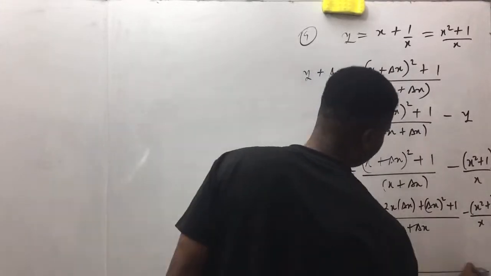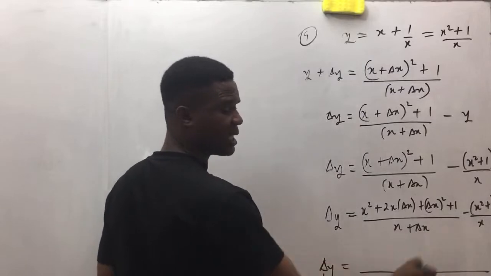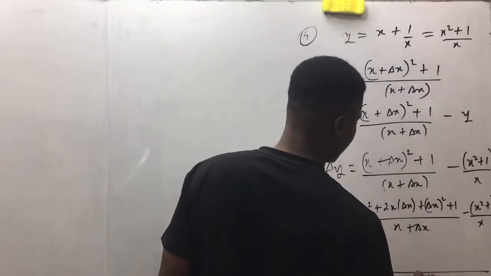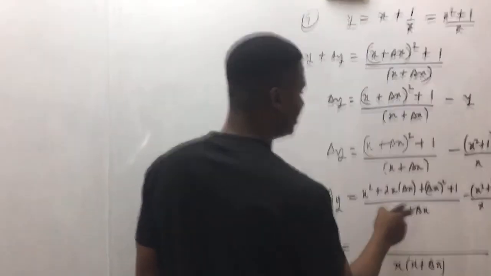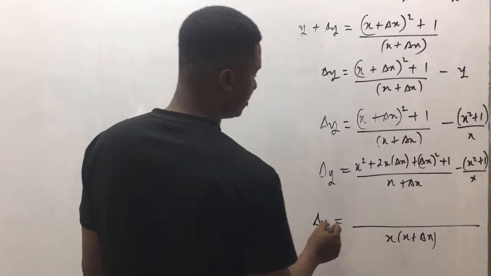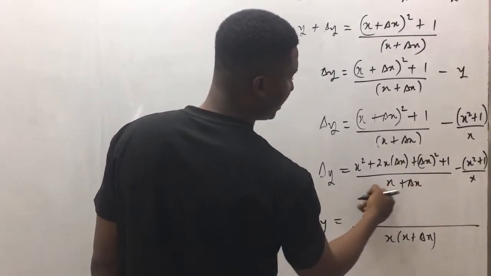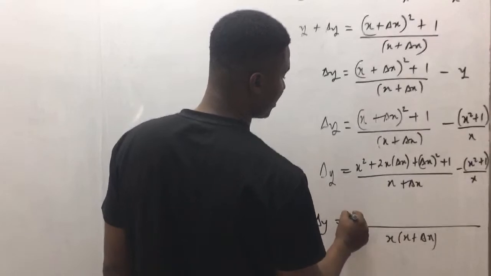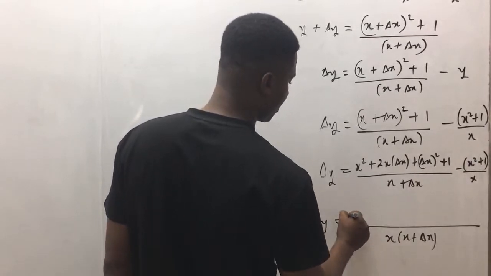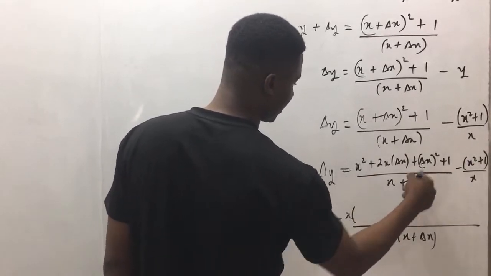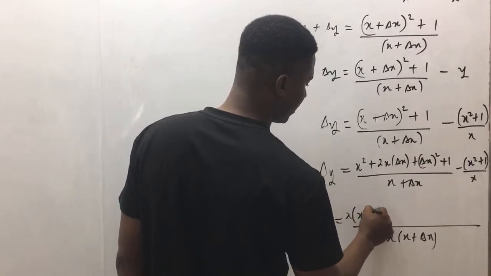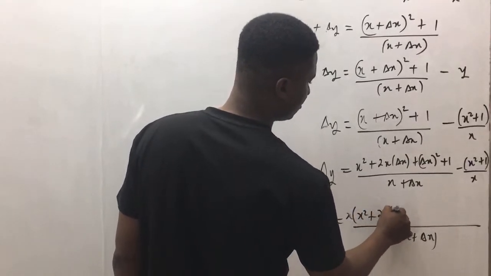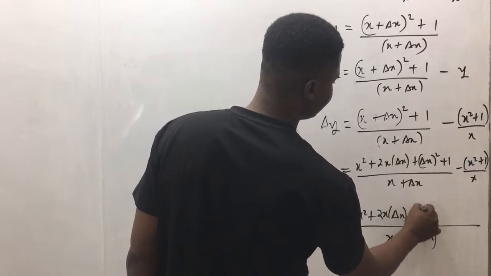The LCM of x plus change in x and x will give us x in bracket x plus change in x, and x multiplies this particular term to give us x squared.